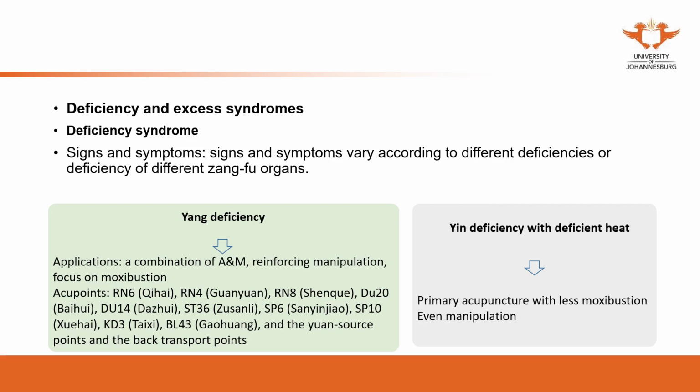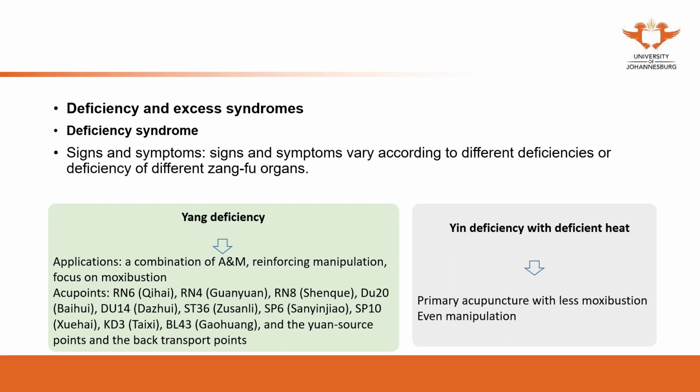As for the acupoints, firstly, from the treatments, we choose the treatment techniques: which one is more appropriate for this situation? Secondly, we choose the points that have the function of reinforcing.